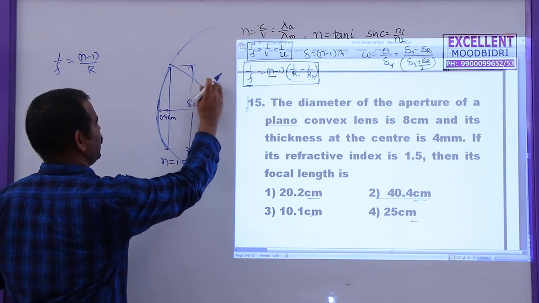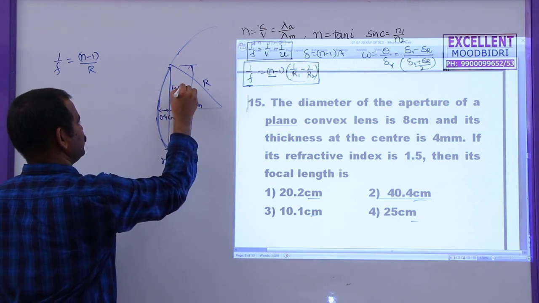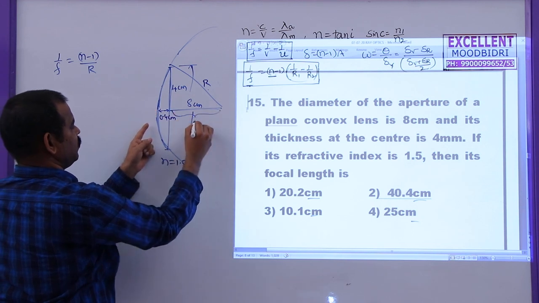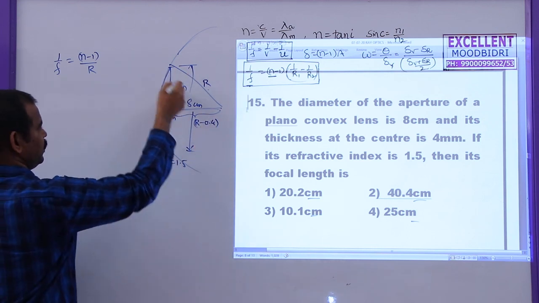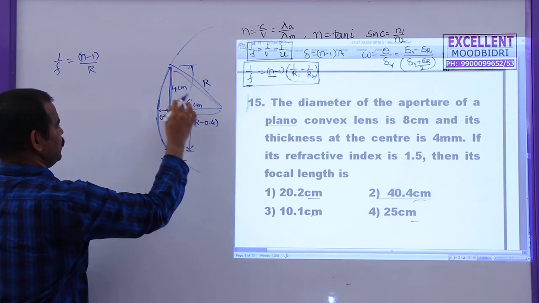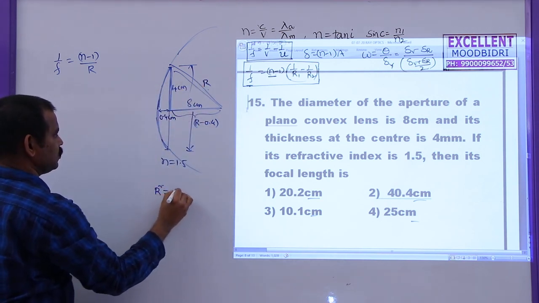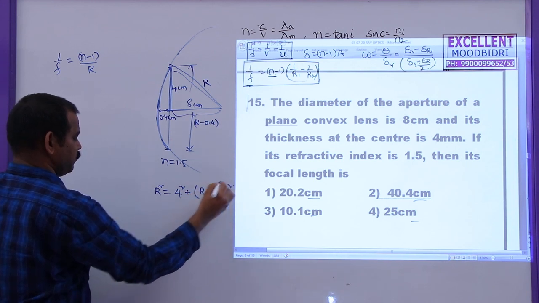So if this is r, this is 4 centimeter, and this value from here to here is r minus 0.4. So this is a right angle triangle, and the squares of these two sides equal the square of the hypotenuse. So r square is equal to 4 square plus r minus 0.4 whole square.